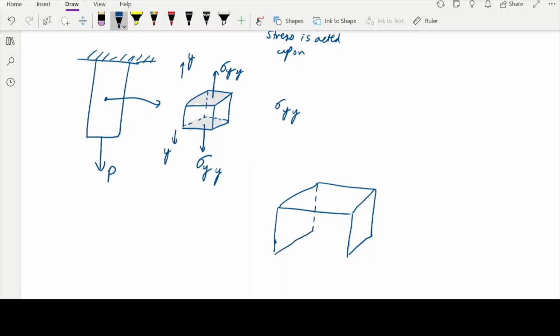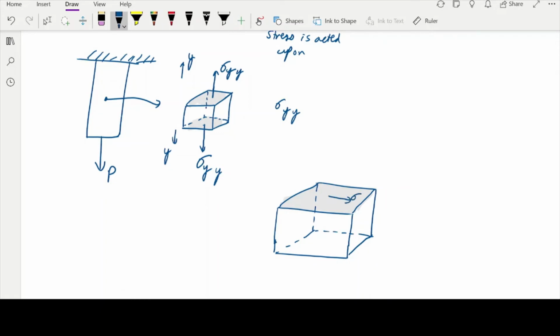We'll see that the tangential stress acting on this plane can be denoted right here as sigma, right?